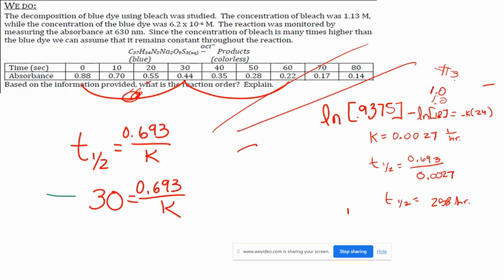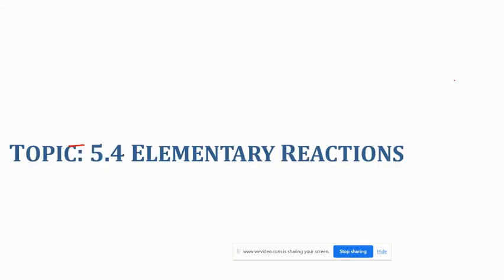Okay. Ready to move on to 5.4? All right. So, you know how when you've gotten an equation in the past, you've just seen that equation, it's just there. So for example, if you had an equation that looked like this, and we would have to get that guy balanced.